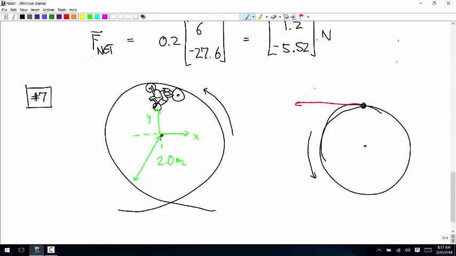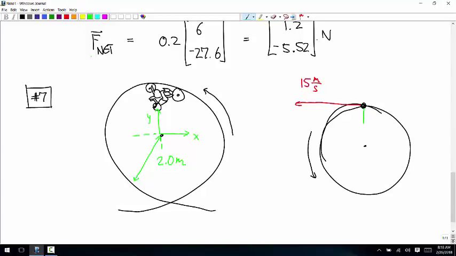So the velocity vector is this way, and we know it has a magnitude of 15 meters per second. There's no tangential acceleration because the speed is constant just at this instant. That doesn't mean that over the whole circular path the speed is constant, just at that instant. But that's all we're calculating here.